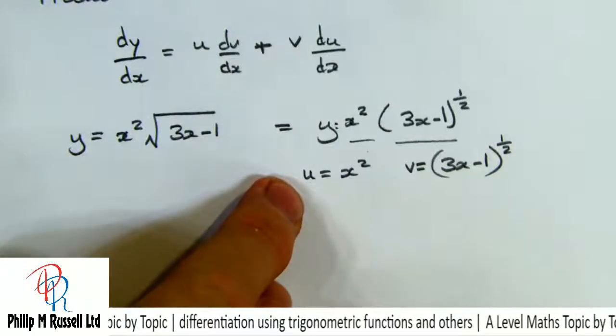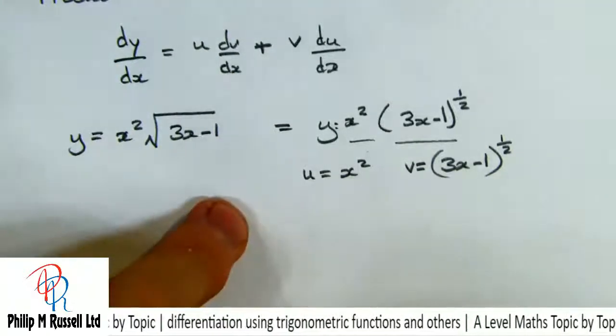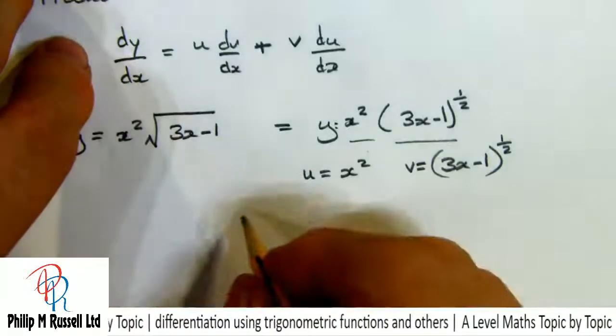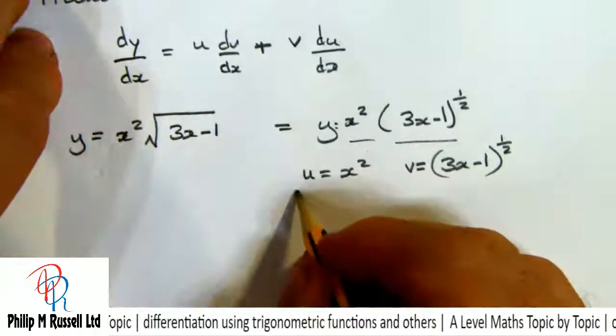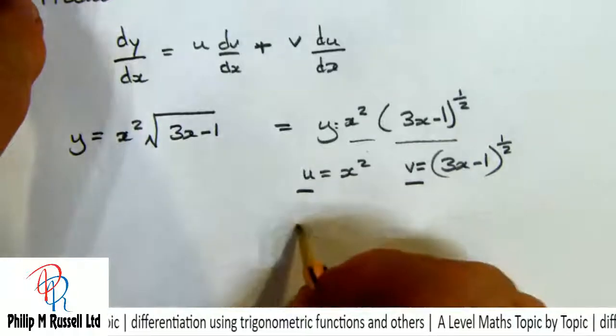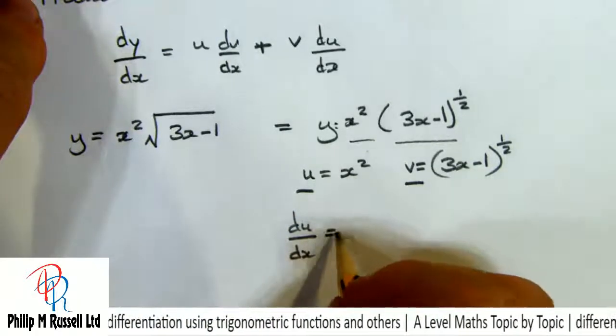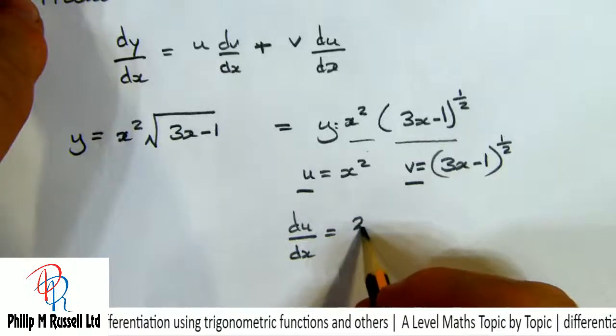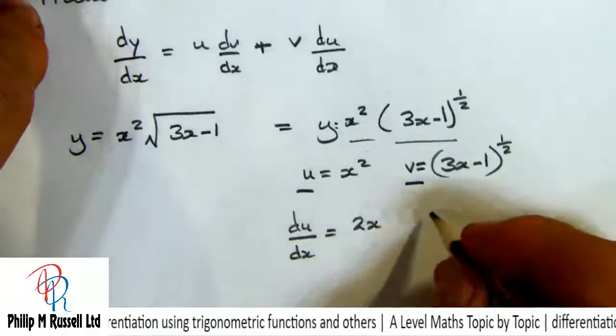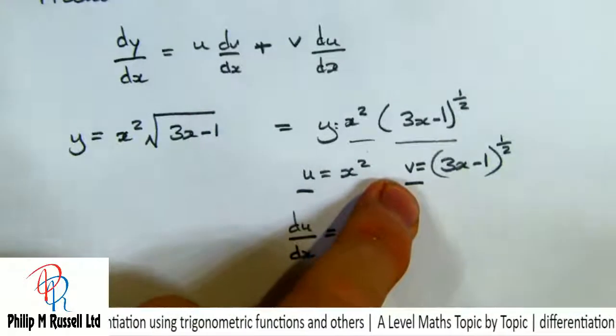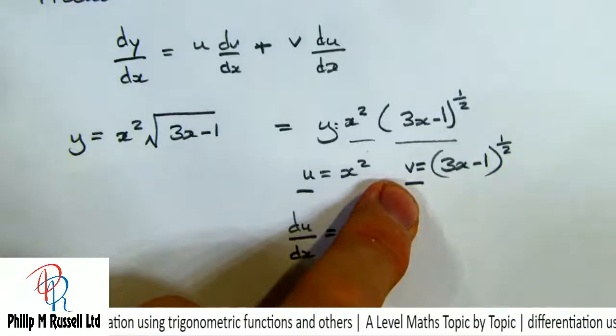Now I've got both of those, I'm going to differentiate each of these. So I've got u and I've got v. I'm going to work out what du by dx is going to be. du by dx is going to give me 2x, and I've got to work out what dv by dx is.